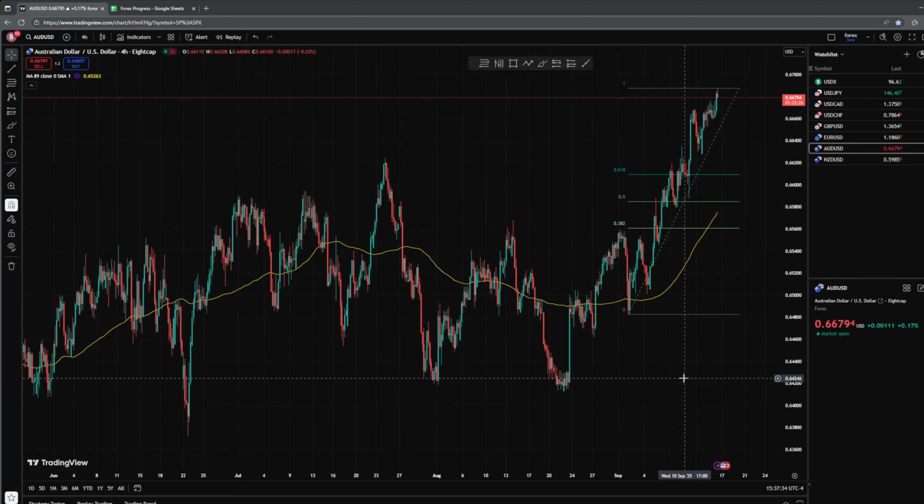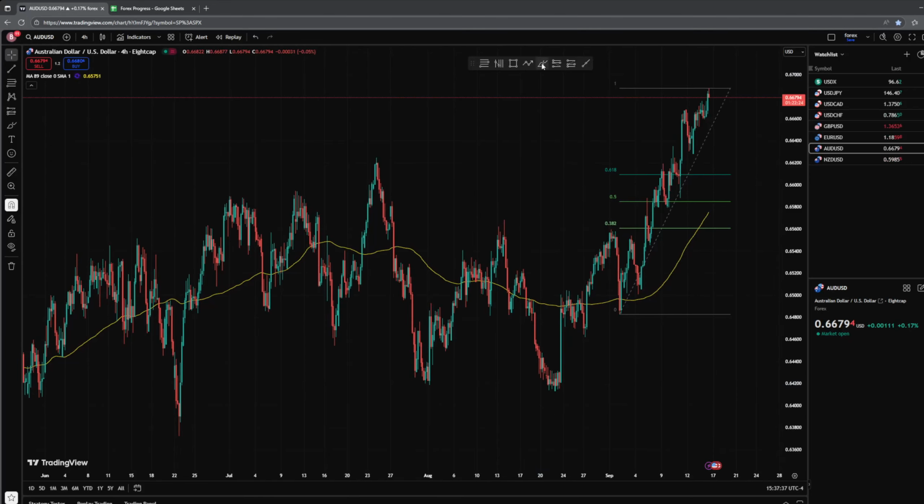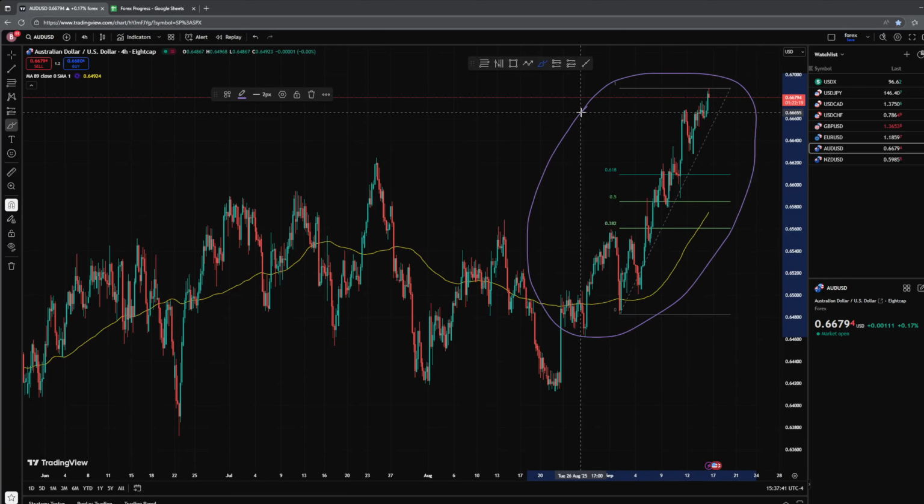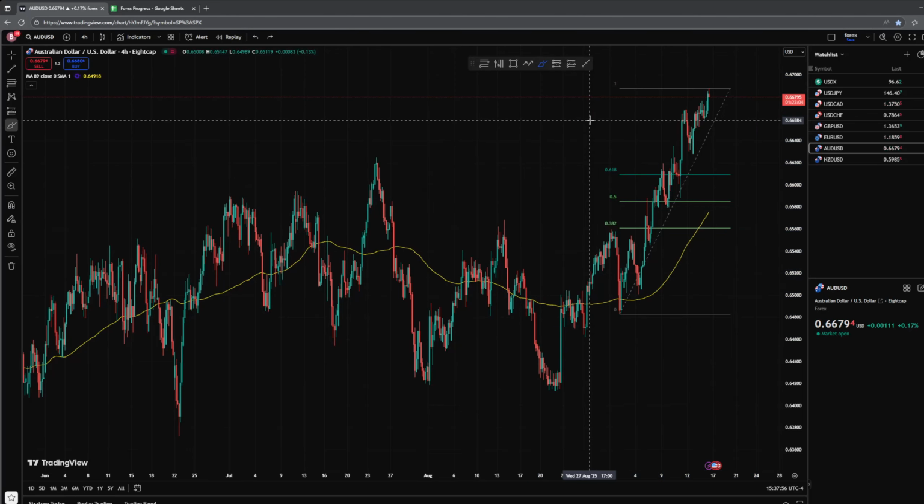Okay, Aussie. So we have an uptrend, obviously, because the majority of the candles, more than 50% of the price leg, is hanging out above the yellow moving average line. So that's why the trend is clearly up here.